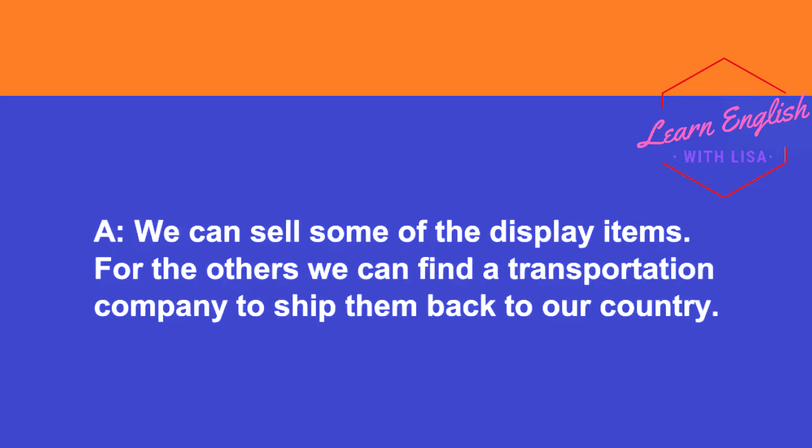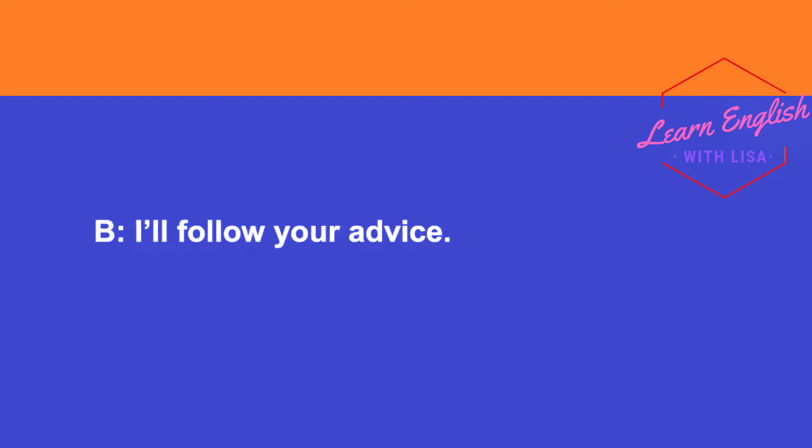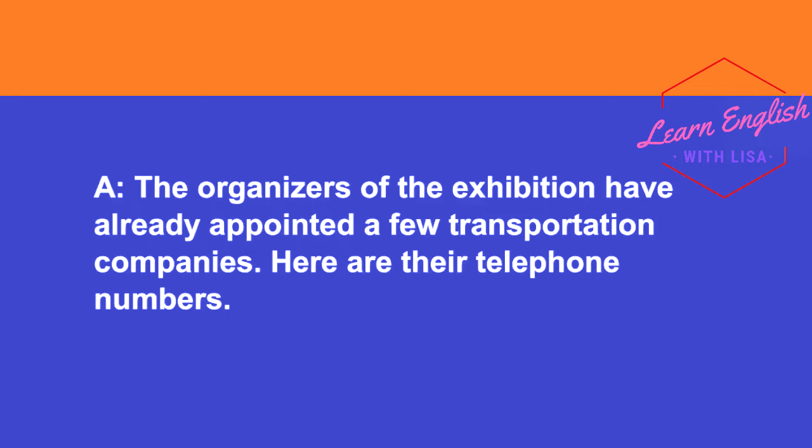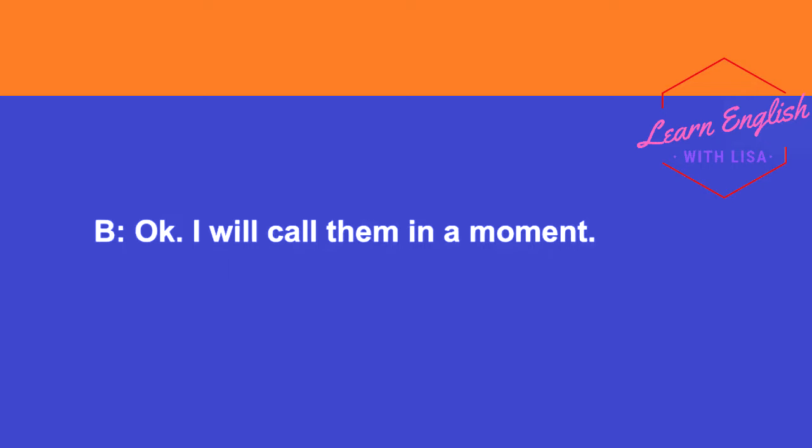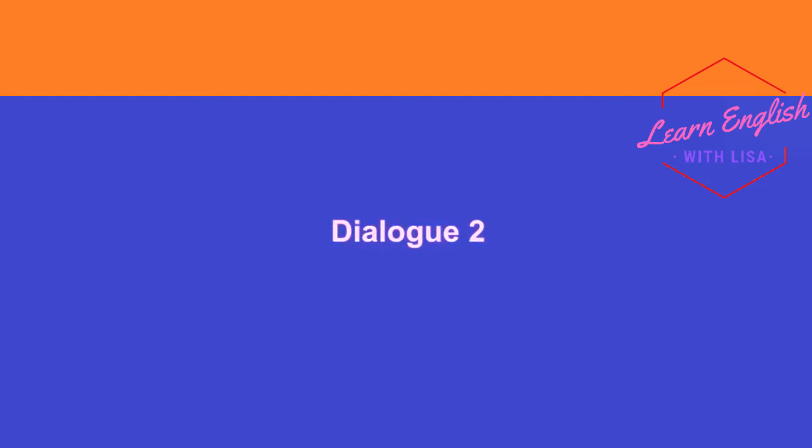We can sell some of the display items. For the others, we can find a transportation company to ship them back to our country. I'll follow your advice. The organizers of the exhibition have already appointed a few transportation companies. Here are their telephone numbers. Okay, I will call them in a moment.